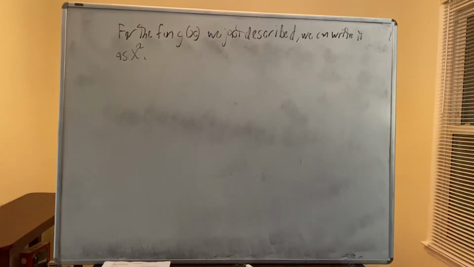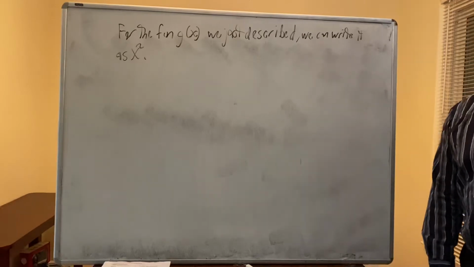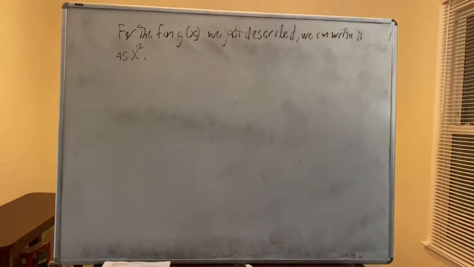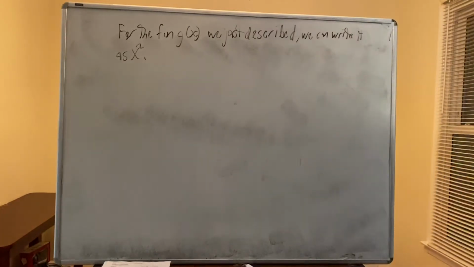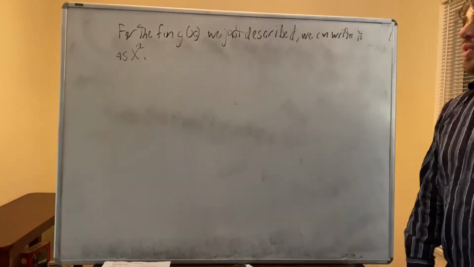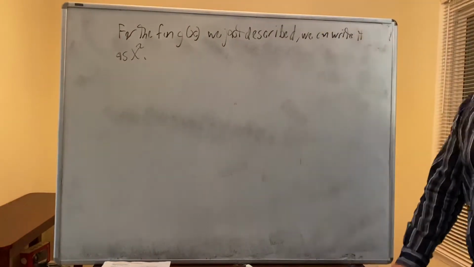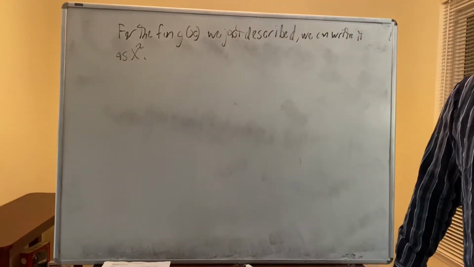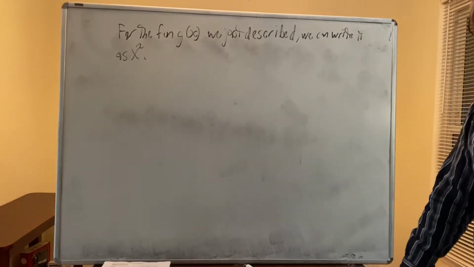So instead of writing g of x to represent the random variable, you can just write x squared. Okay, it's a real valued function on x that squares the value of x, right? And so we say g of x is a random variable. Instead, you can just say x squared is another random variable without calling it g of x. So you don't have to say g of x is x squared. You could just say x squared is a random variable.